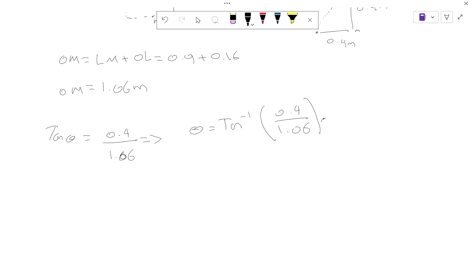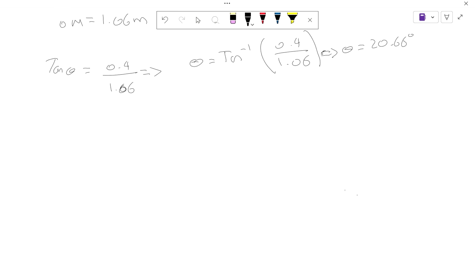So the angle is 20.66 degrees. All right, so basically we have the information needed for building the free-body diagram, which we're going to do right here.